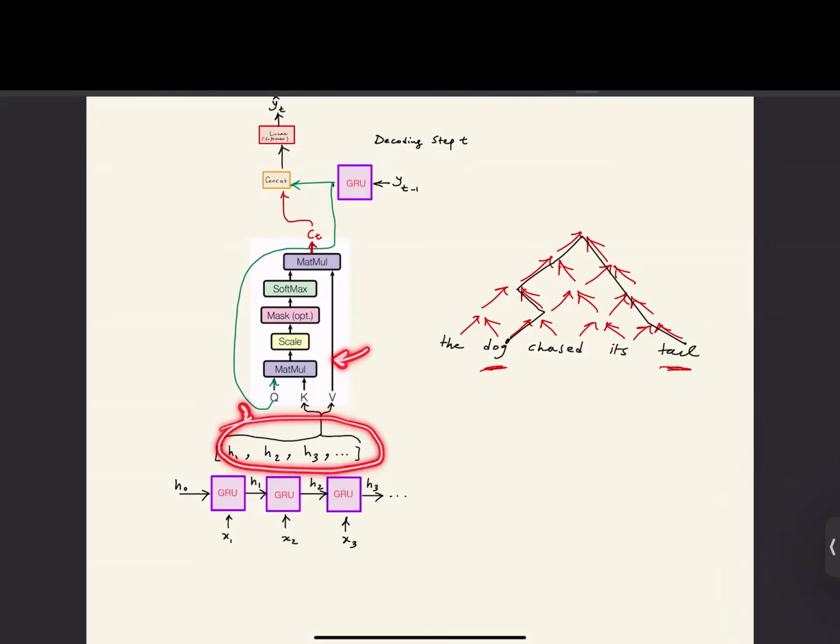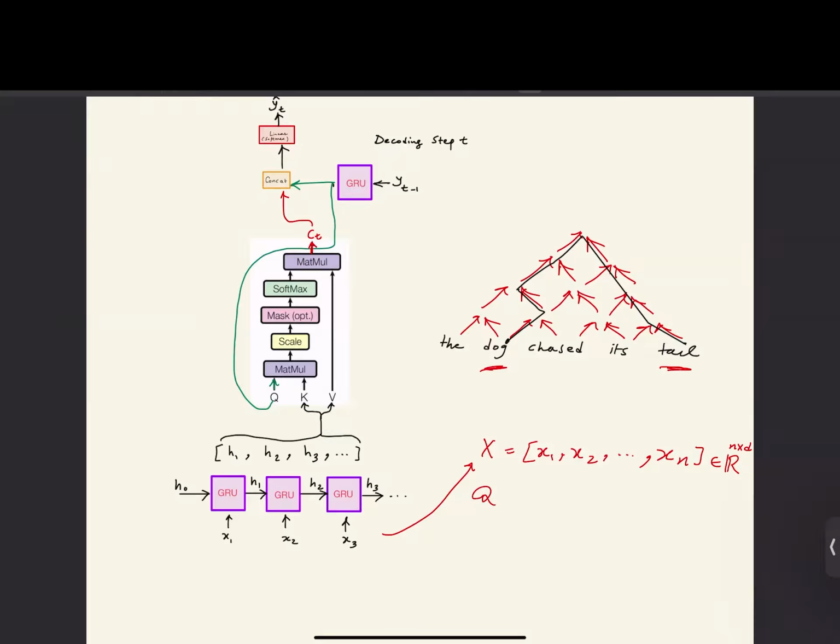But of course, there's no requirement that Q, K, and V come from different places. They can come from the same sequence. For example, the sequence X that we want to encode, where X is in R^(T×D), we can form queries, keys and values from the same sequence.